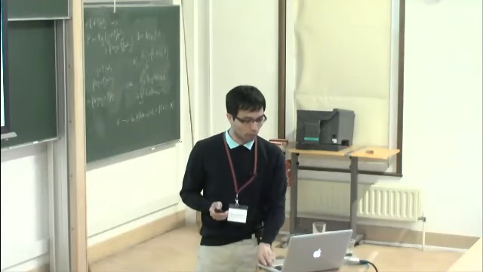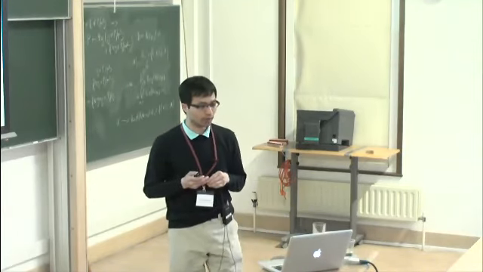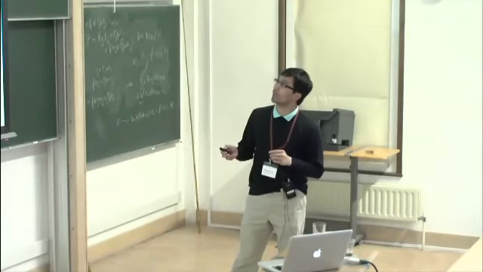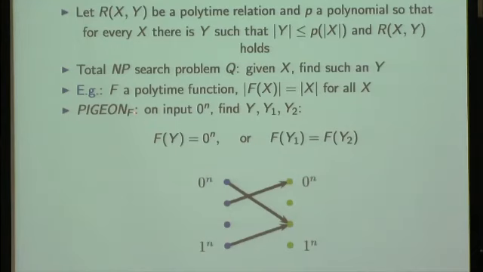Here is one example about the class PPP. Pigeon f: let f be a polytime function. Pigeon f is the search problem so that on input 0^n, the n-bit string, which gives us the size of the search domain, it finds a value y where it violates the condition that f is not 0, or otherwise it finds two pigeons, y1 and y2, that map to the same hole.